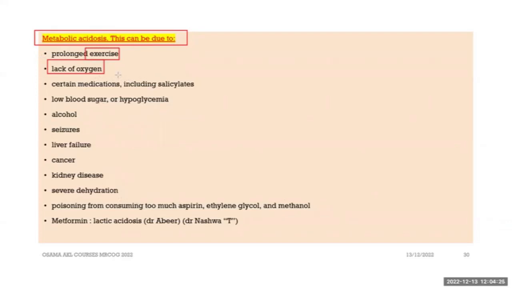Okay, certain medications like aspirin can lead to metabolic acidosis. Low blood glucose, so excessive ketone bodies, again metabolic acidosis. Alcoholism, seizures, liver failure, cancer, kidney disease, and metformin. Metformin leads to lactic acidosis.